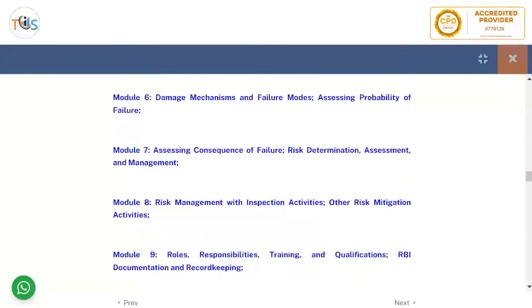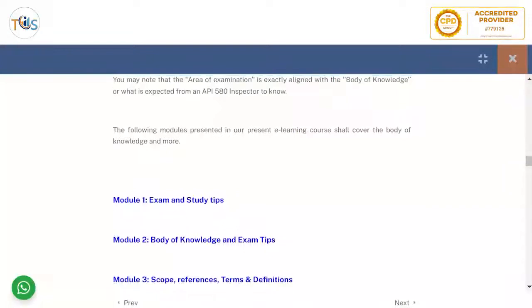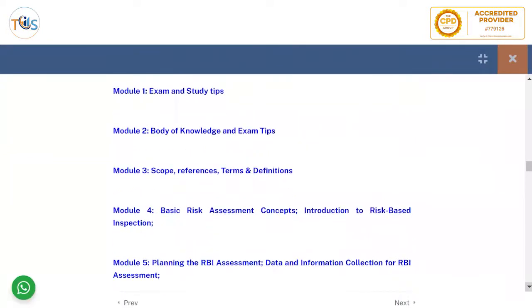The following modules presented in our e-learning course shall cover the body of knowledge and more. Module 1, it covers exam and study tips. Module 2, body of knowledge and exam tips. Module 3, scope, references, terms and definitions.